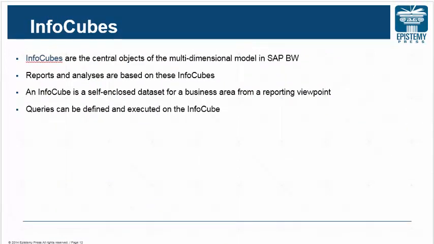Now, the facts and the dimensions connected to the fact table reside inside of the info cube. The info cube is multidimensional. And if you remember from the pivot table, we said that multidimensional means it is several tables stacked on top of each other. Now, the multidimensional model allows you to generate very complex reports and to do complex analysis.